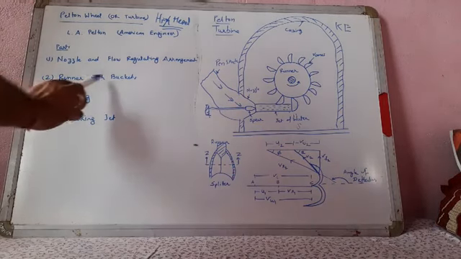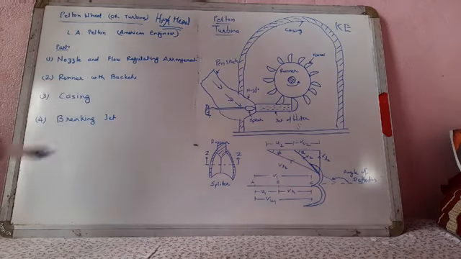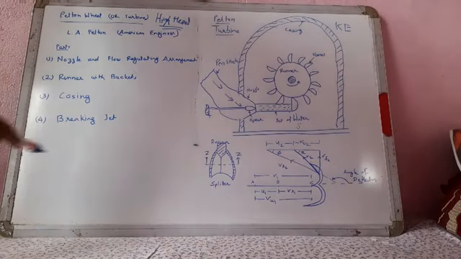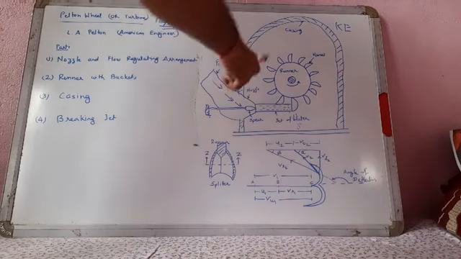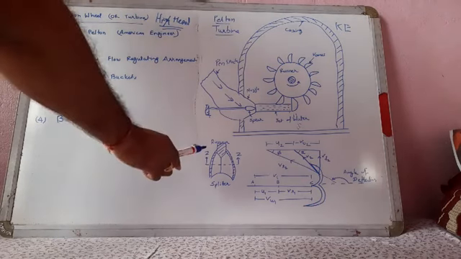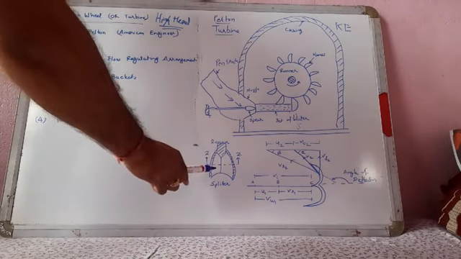Then next, the runner with buckets. This figure shows the runner of the Pelton wheel. The runner consists of a circular disc on the periphery of which a number of evenly spaced buckets are fixed. The shape of the bucket is a double hemispherical cup or bowl.